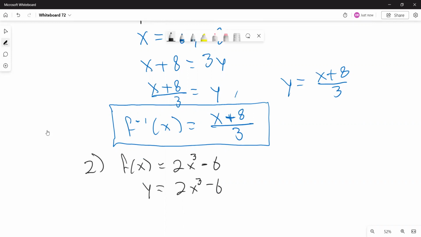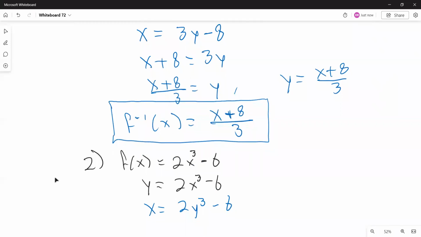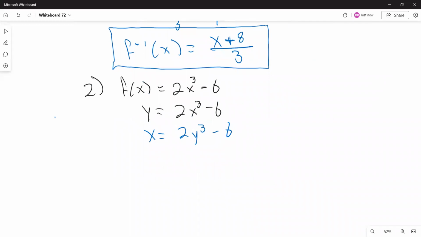And to find the inverse, we're going to interchange x and y, solve for y, and once we solve for y, we're going to replace y with the inverse of x. Okay, so let's solve for y. Bring the negative 6 to the other side.